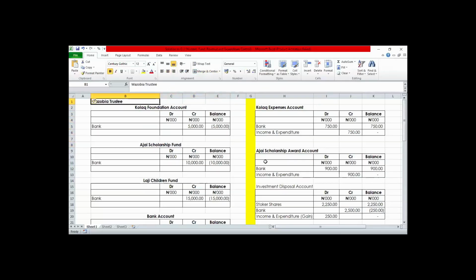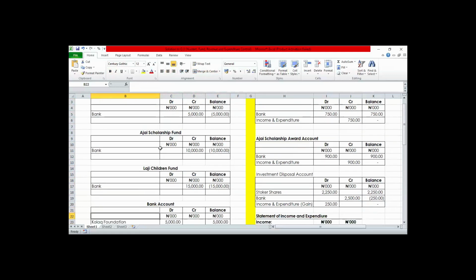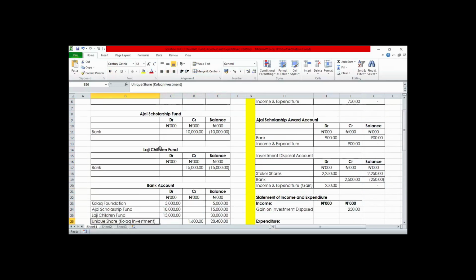Wazobia Trustee, we created Kola account, debit, credit, this is the ledger account for Kola account. We created Ajayi. Can we see it? Yes, sir. We also created that account for Laji. Ajayi is also 10,000. We also have Laji 15,000. That is the separate account.